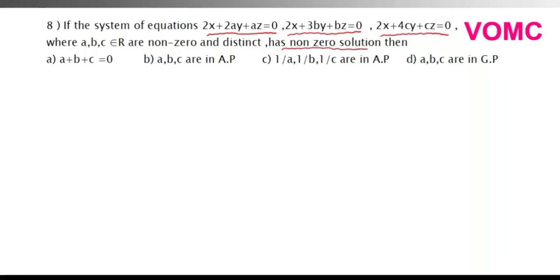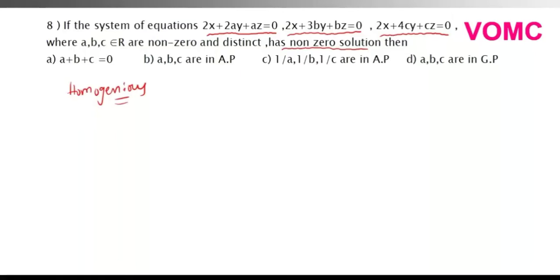Students, if you observe the given equations, the three equations are homogeneous equations. How can we say that equations are homogeneous? Because there is no constant in any of the equations. The first equation has no constant, the second also, and the third also. So these kinds of equations we call homogeneous equations.